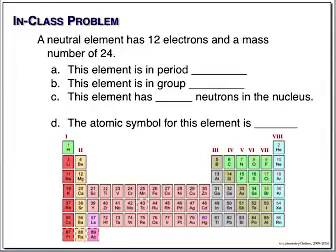A neutral element has 12 electrons and a mass number of 24. What is it and where is it?